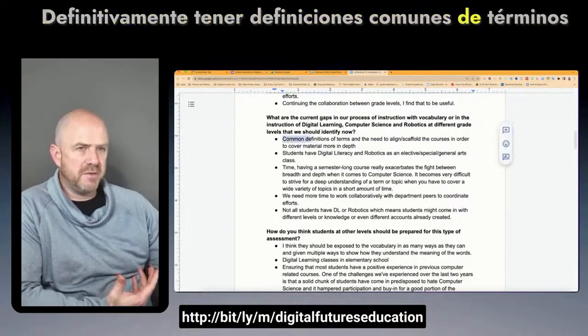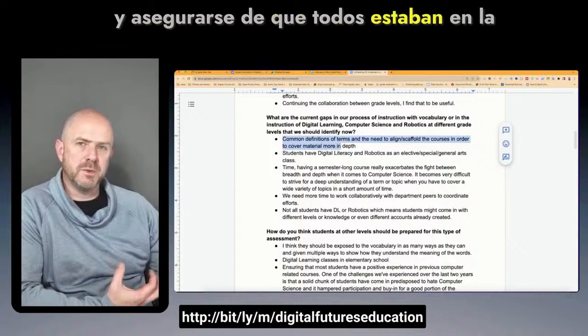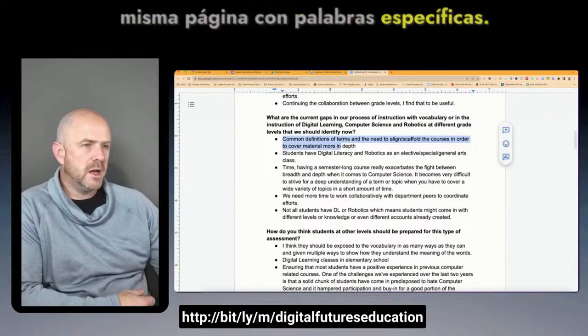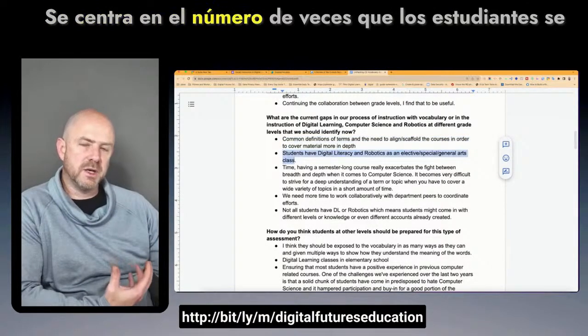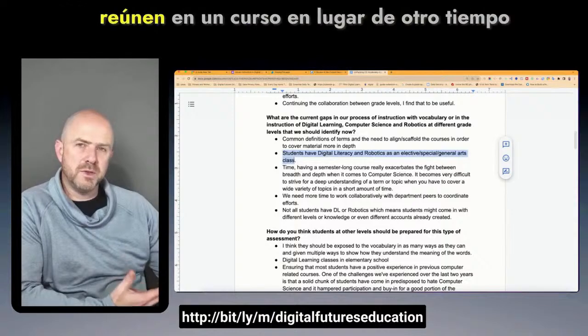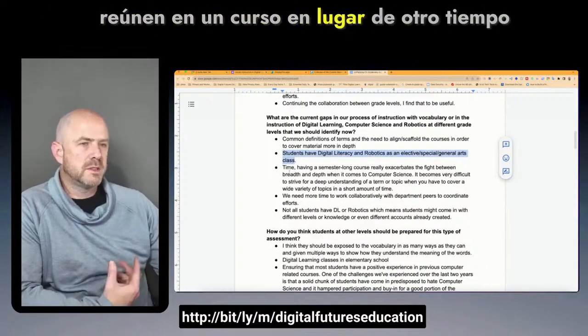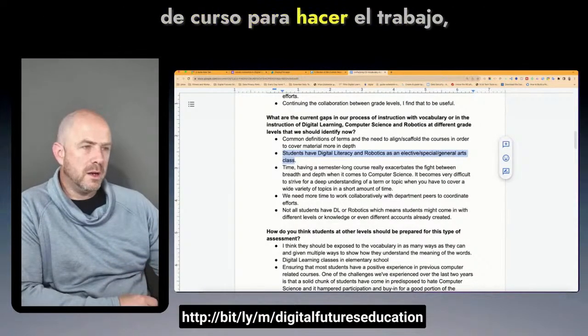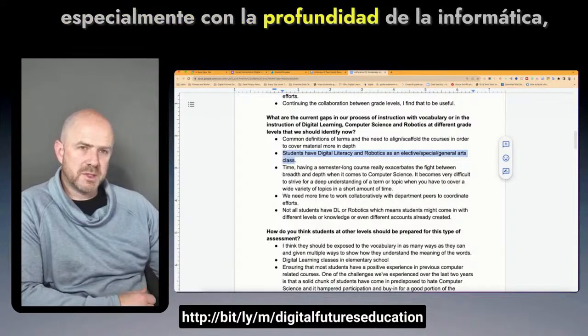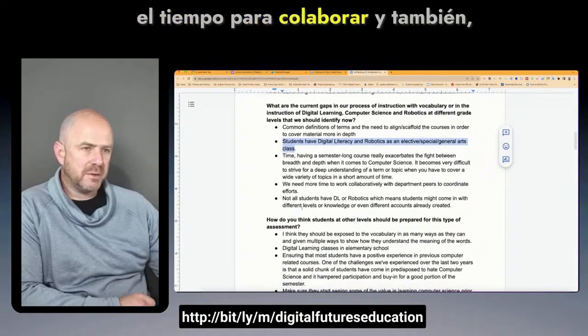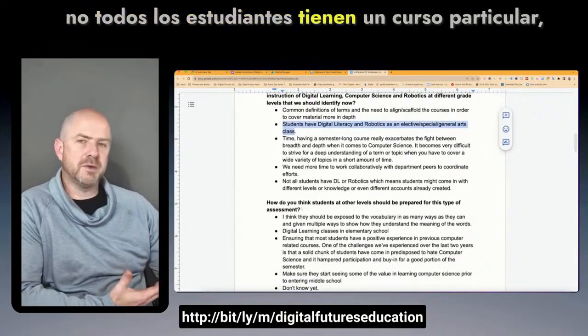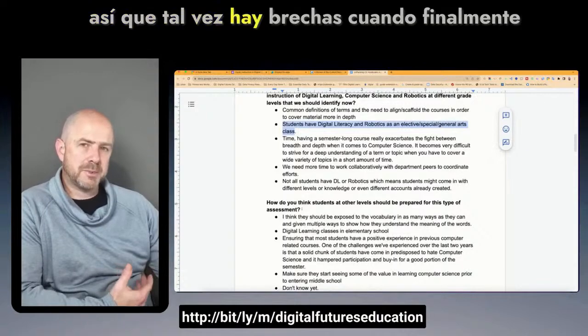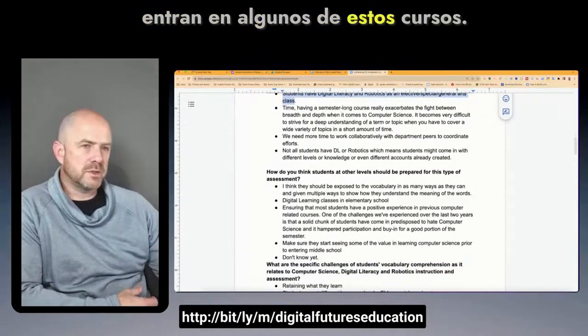Definitely having common definitions of terms and making sure that everyone was on the same page with specific words. Additional focus is on the number of times students met within a course as opposed to another course. Time to actually do the work, especially with the depth of computer science. The time to collaborate. And also, not all students have a particular course, so maybe there are gaps when they eventually do get into some of these courses.